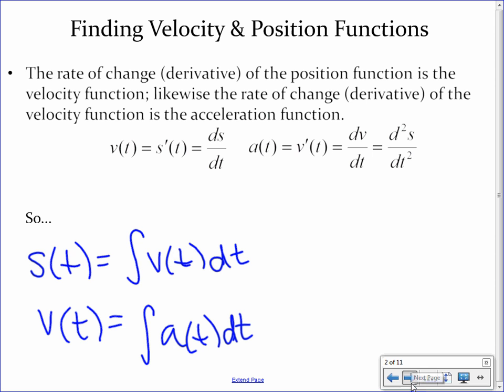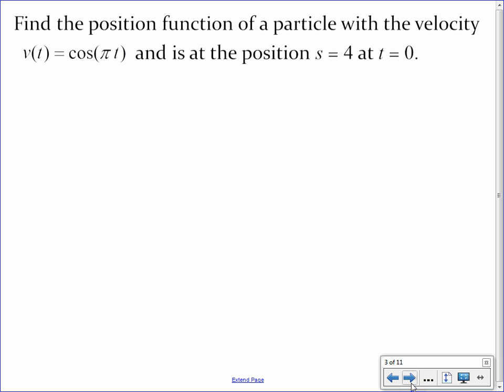So, first example. We want the position when we have a velocity of cosine of pi t, and we know that the position is 4 at t equals 0. We have to know at least something about our position to actually get the entire position function.